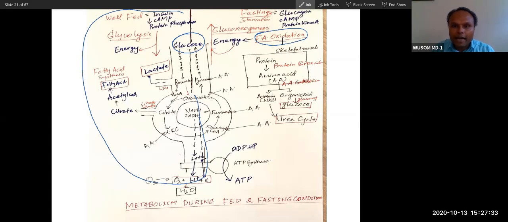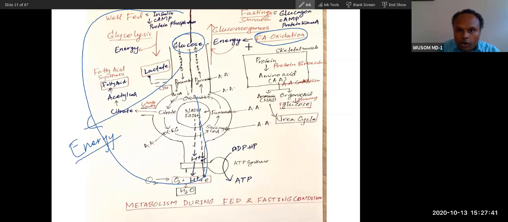So from fat, energy is produced, and during gluconeogenesis there is a requirement of energy, because it is an uphill reaction. A downhill reaction releases energy, and an uphill reaction requires energy.